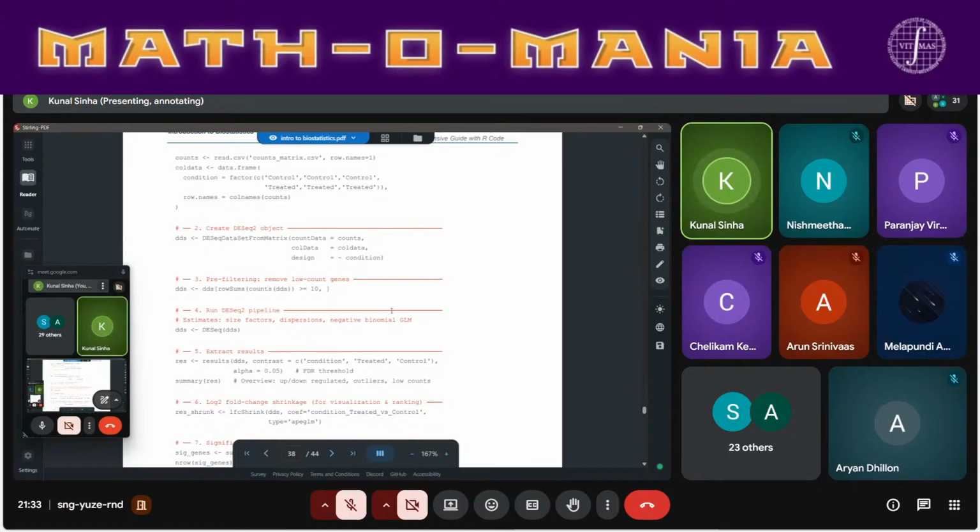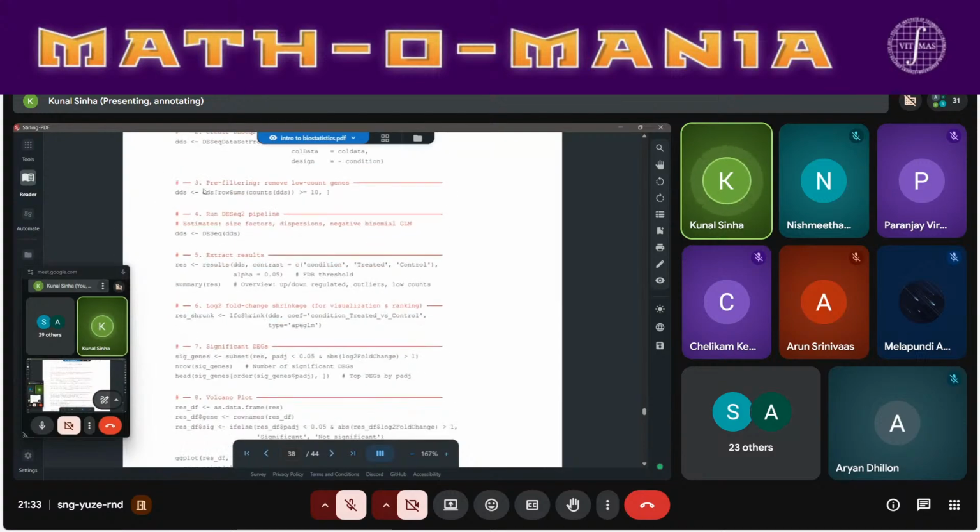As it is a real life scenario, this kind of stuff happens. So we remove all genes whose count is less than 10. Basically, all genes with a count of less than 10 will be filtered. That is, we are only keeping the genes with a count of greater than or equal to 10 here.